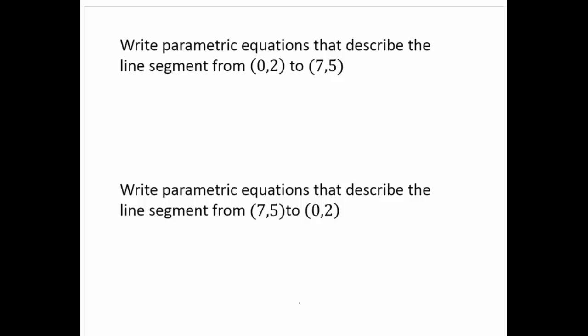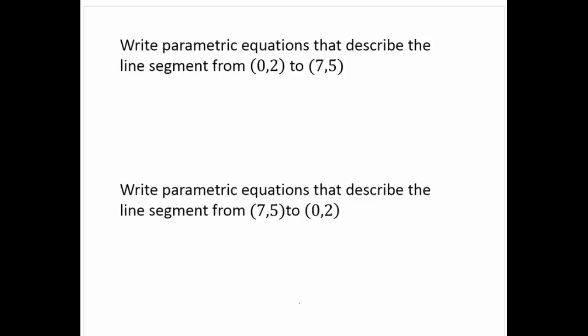What if we were asked, instead of writing parametric equations for the line, now we only want the line segment. So now it's got to stop at that initial and terminal point. Well, we can use the same equations, we just now have to put limits on the parameter.